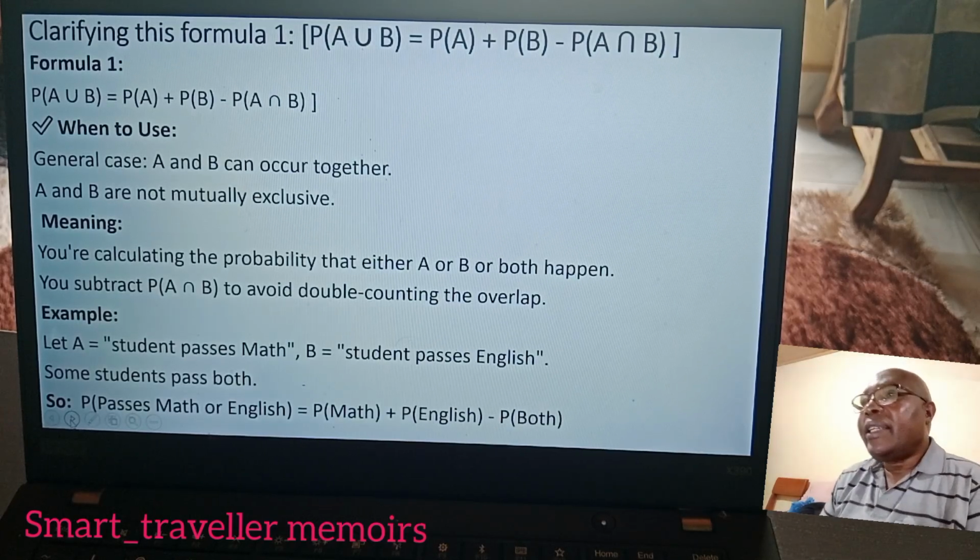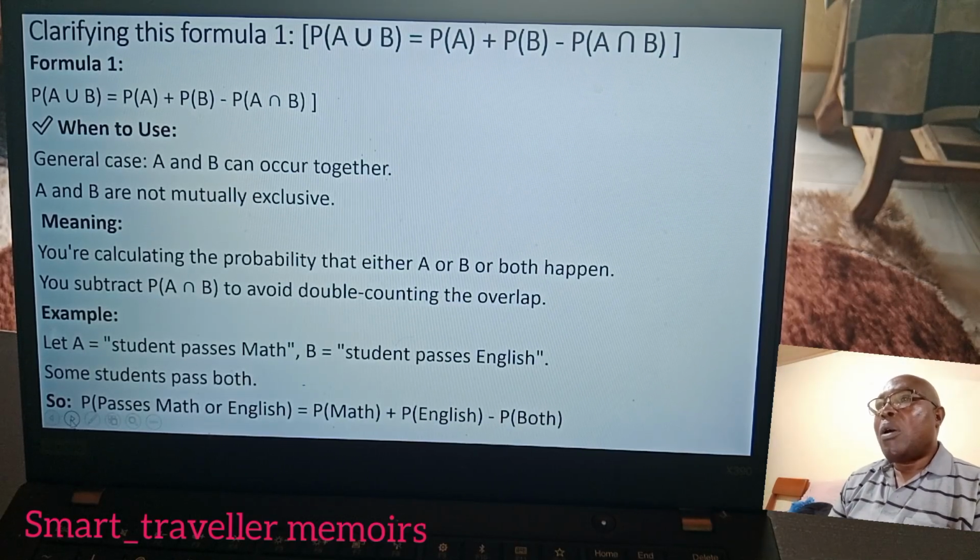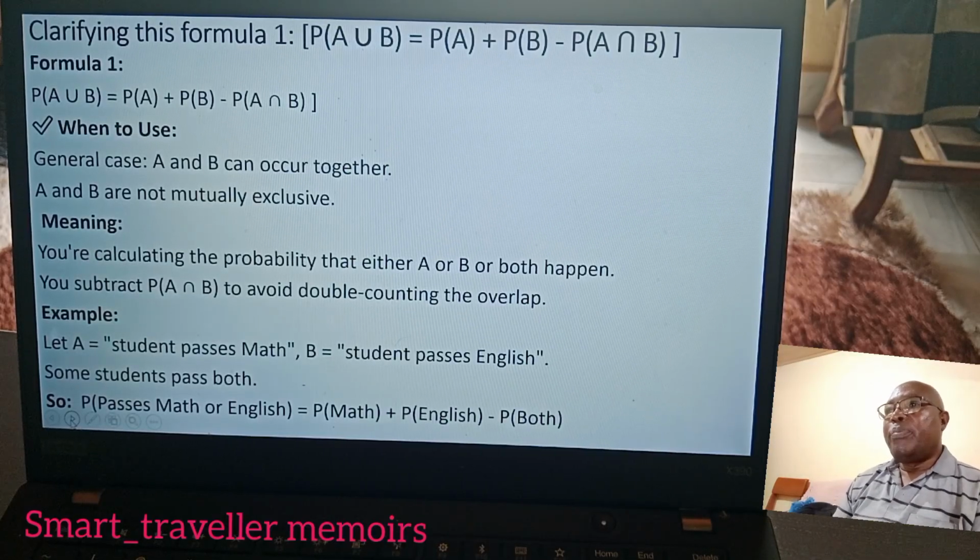Clarifying the formula, we start with formula number 1, which is P, A union B is equal to PA plus PB minus PA intersection B. When to use? General case, A and B can occur together. A and B are not mutually exclusive, meaning you are calculating the probability that either A or B or both happen.